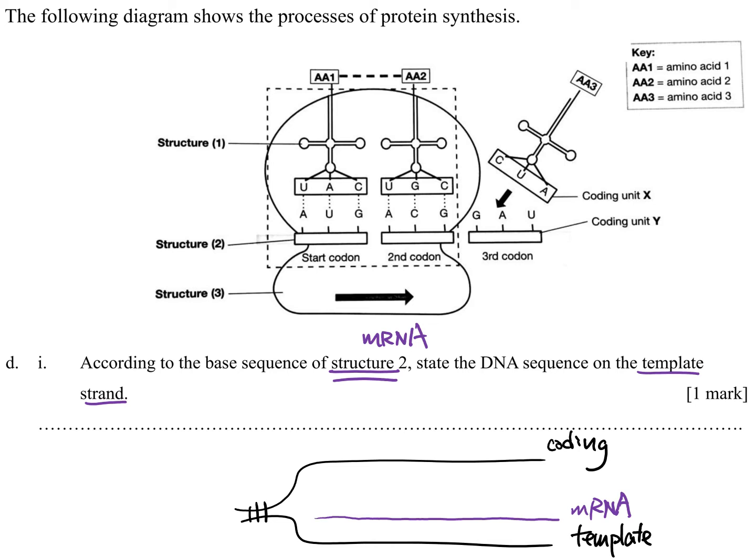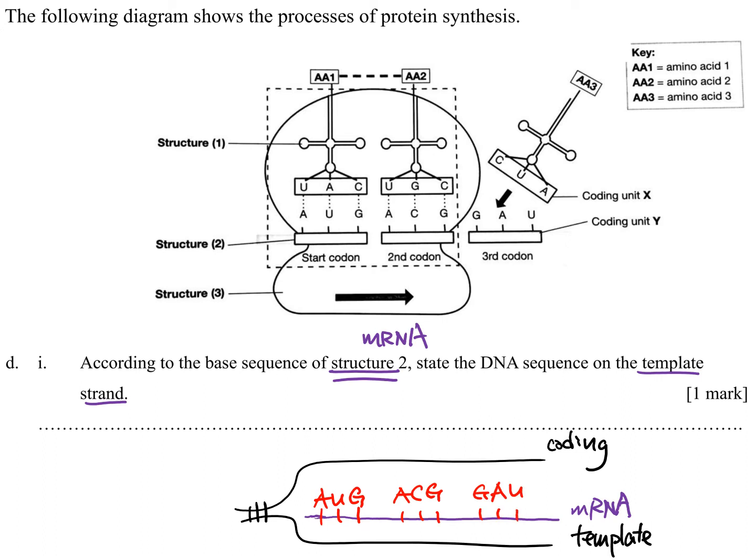Alright, so one of the methods to do the question is you write out the sequence of mRNA and then write the complementary base pair of the template like this. So for example, you have AUG, ACG, and GAU.